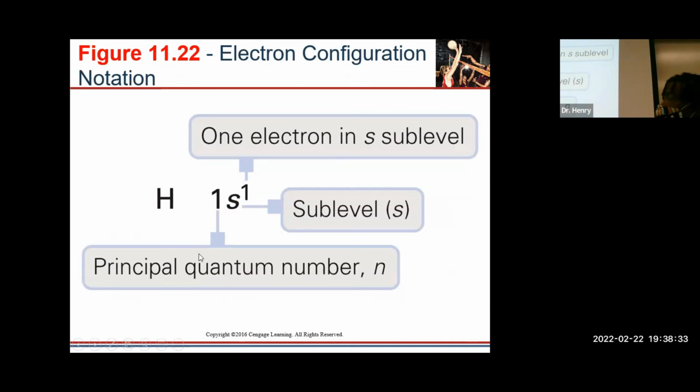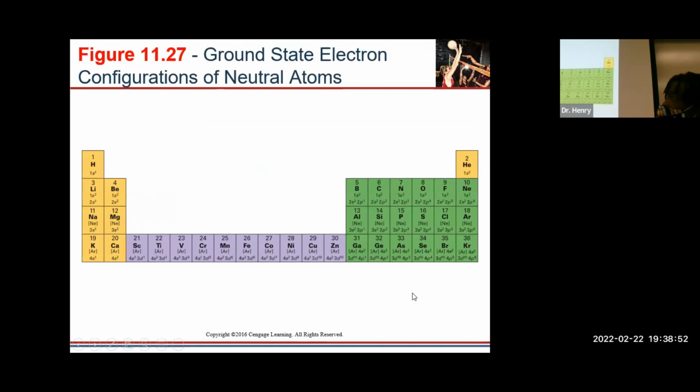Okay, so again, that first number is the principal number. The letter tells us the sublevel, and this tells us how many electrons are in that sublevel, okay? This is just the electron configuration for some of them using the core system.